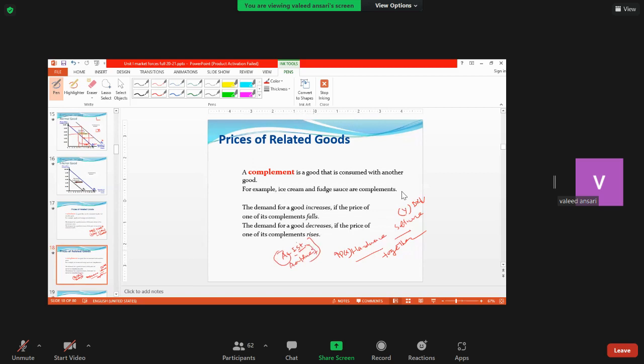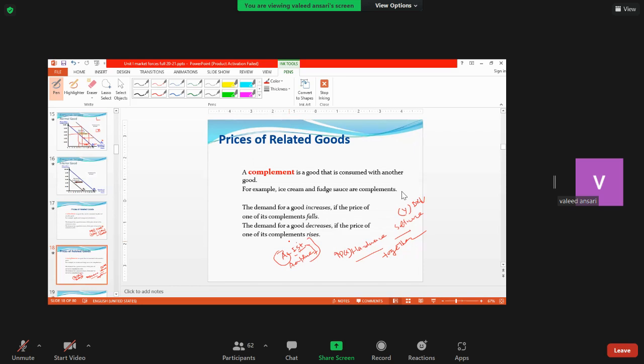Even second class AC, in some cases, people may switch over if the fare increases. There are so many things; it depends upon what acts as a substitute. But here, I'm pointing out that the demand for a product is also affected by the price of related products, which may be complementary products, consumed together.